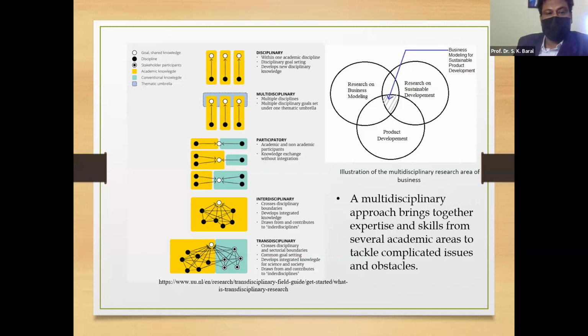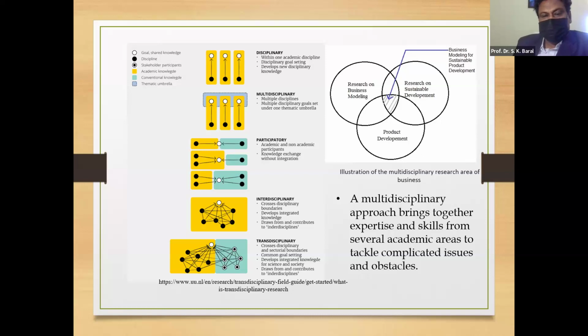So when thematic umbrella will come, it will bring all approaches to a togetherness, and expertise skills from several academic areas will come together to tackle complicated issues and social obstacles. That means multiple disciplines will be involved. The multiple disciplinary goals set under one thematic umbrella. For example, I have taken one model.